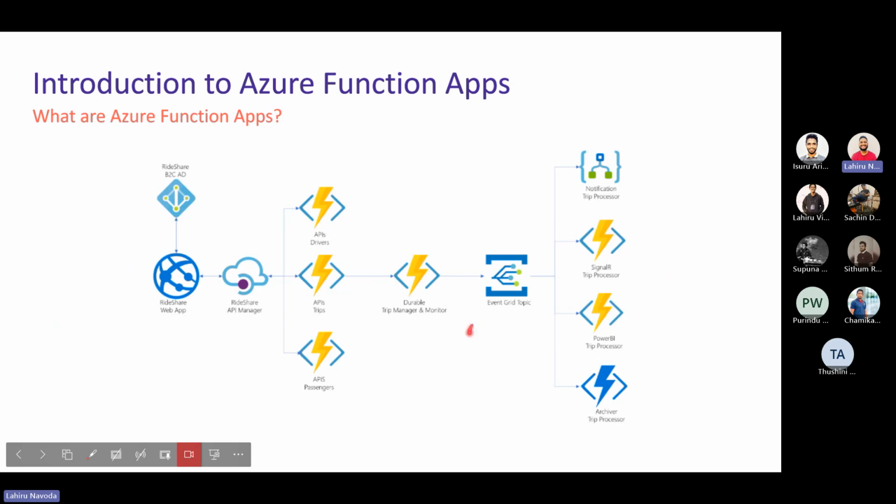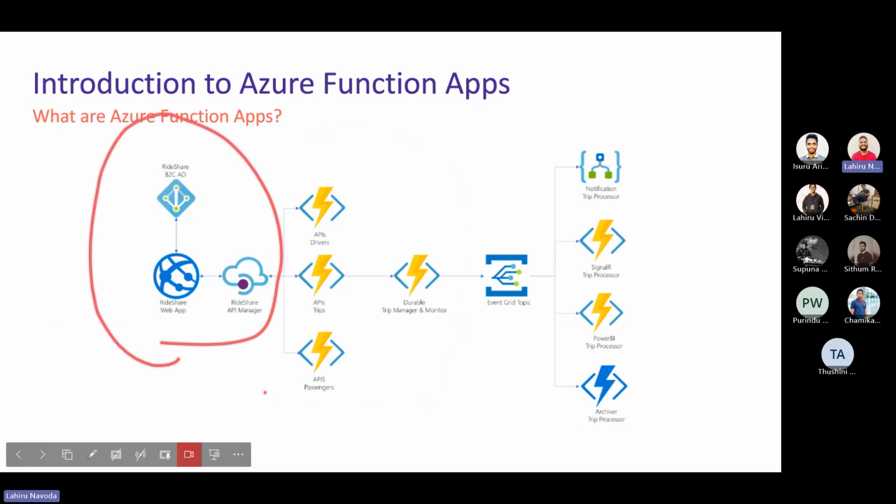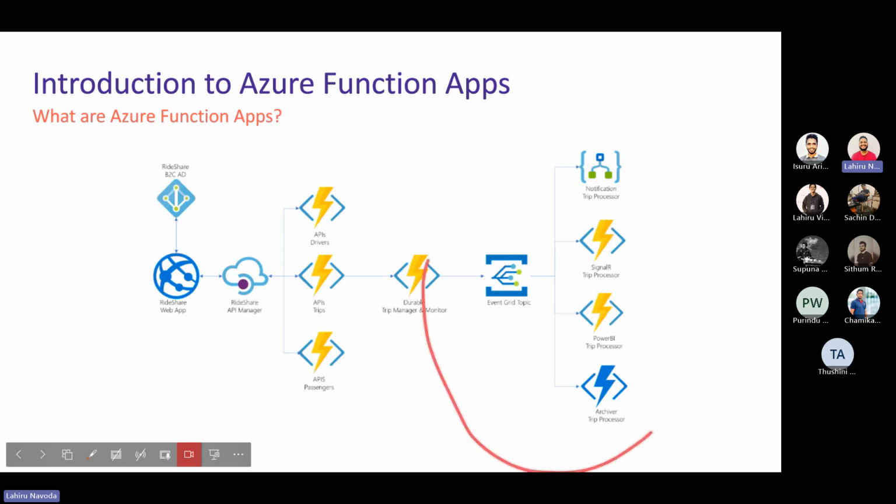Inside that function app, you can have several functions like this. For this function app, you can have data inputs from other services like this. And from the functions themselves, there can be output bindings as well, like this.